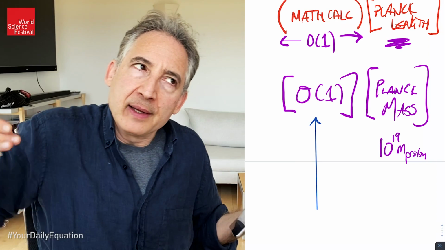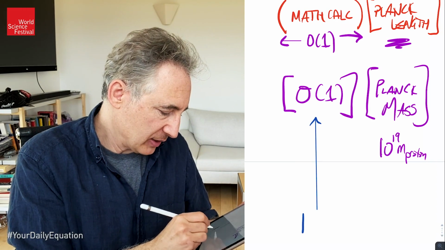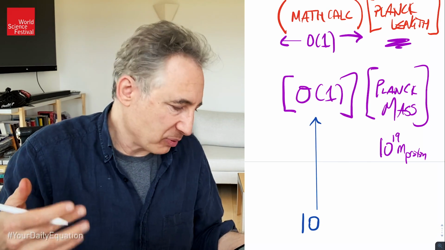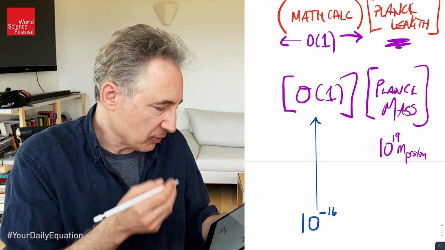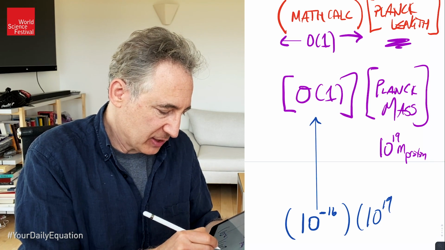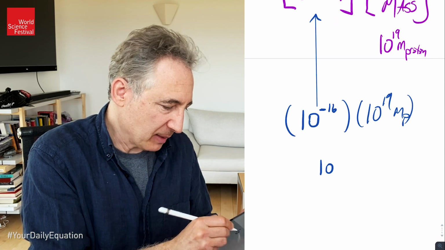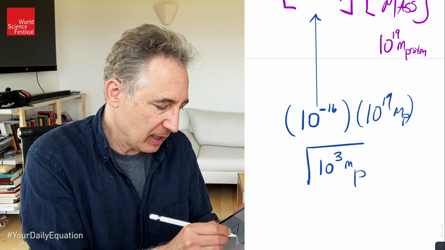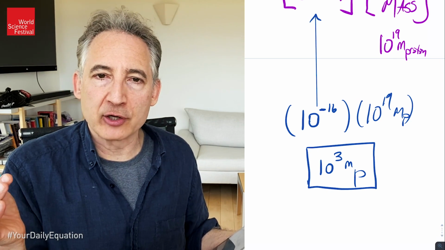Maybe you can identify some quality of the theory that when you calculate the energy or mass scale at which it could be testable, you will get a number like 10 to the minus 15 or 10 to the minus 16 out of this, in which case the number that would emerge would be something on the order of 10 to the 3 times the mass of the proton, which would be well within the ability of the Large Hadron Collider to probe.